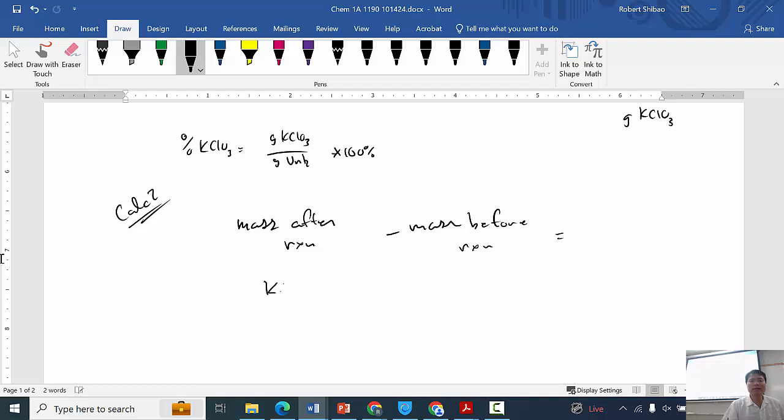We have KCl plus inert stuff, plus the oxygen. But what happens to the oxygen gas? The oxygen gas escapes from the test tube.